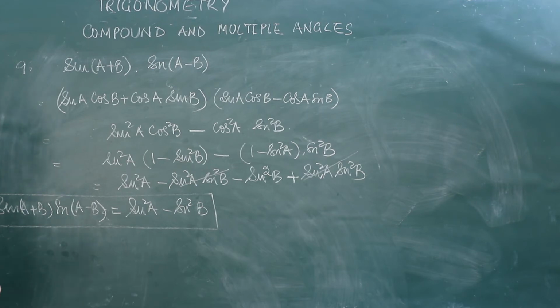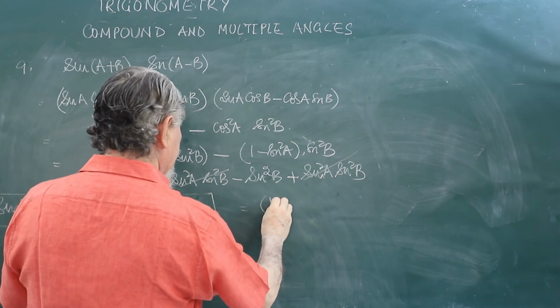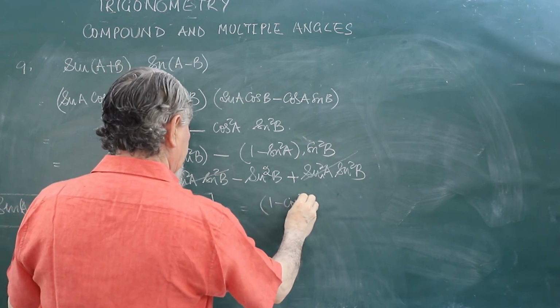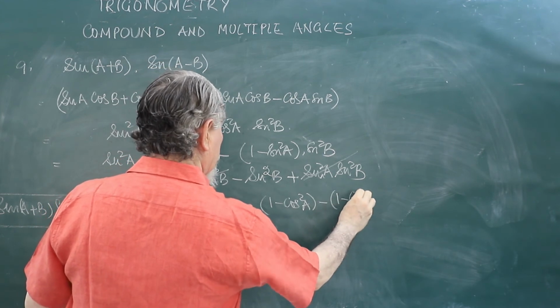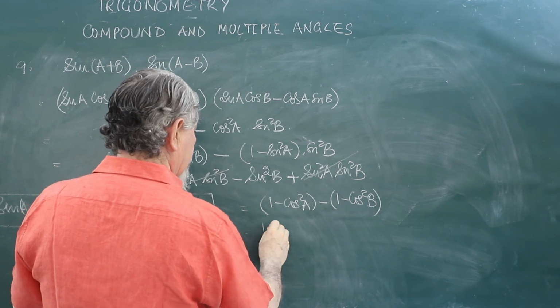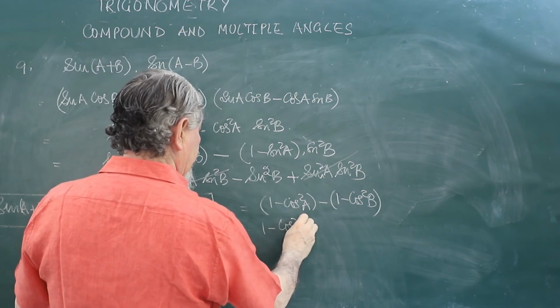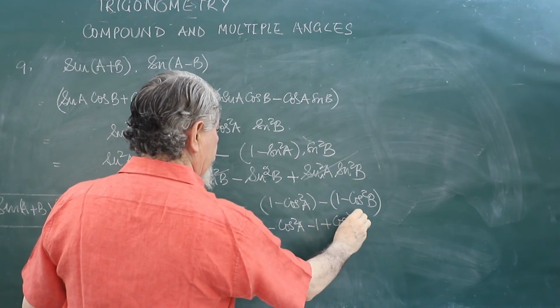And if I change to cos square, then what will happen? It will become (1 minus cos square a) minus (1 minus cos square b), so 1 minus cos square a minus 1 plus cos square b.